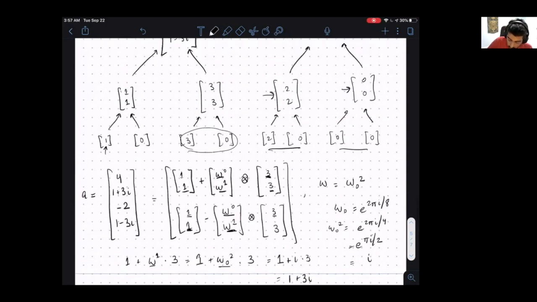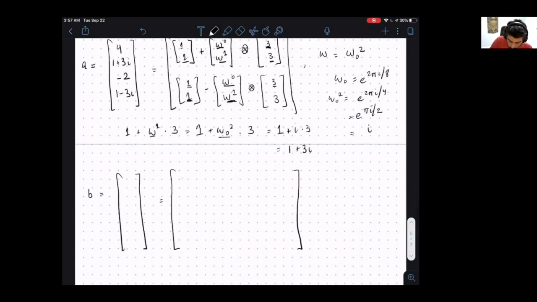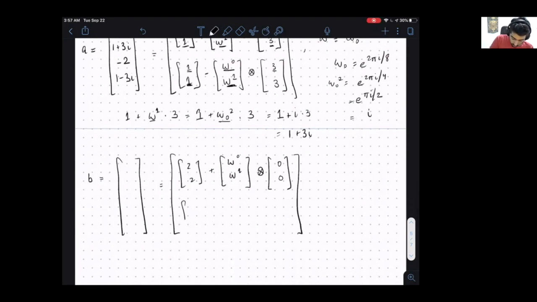It's the left subproblem, which is 2, 2, 2, 2, plus this vector of constants, pairwise multiplied with the right subproblem, 0, 0. And the bottom half is the same left vector minus the vector of constants, pairwise multiplied with the right subproblem.